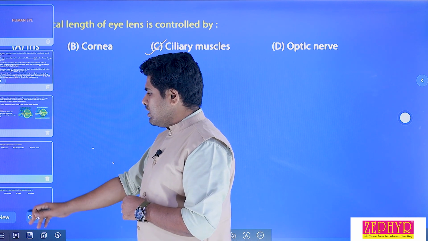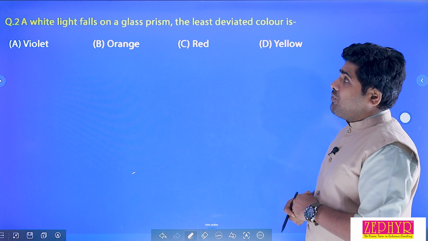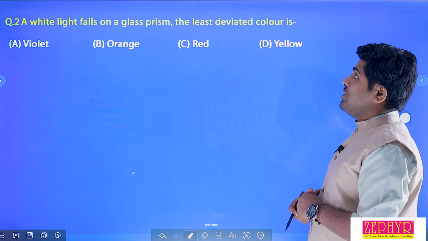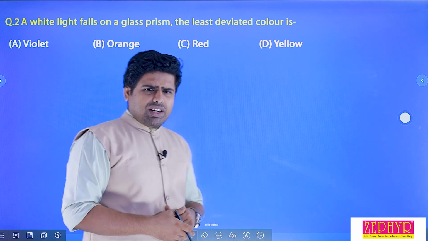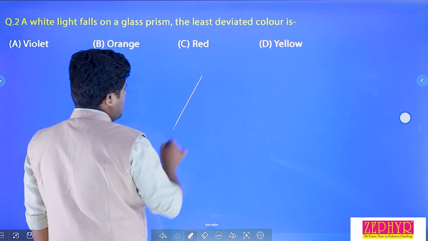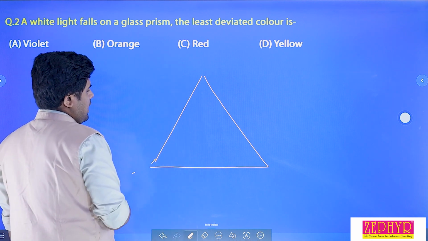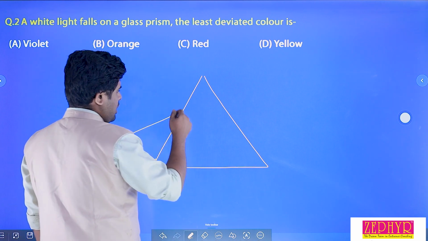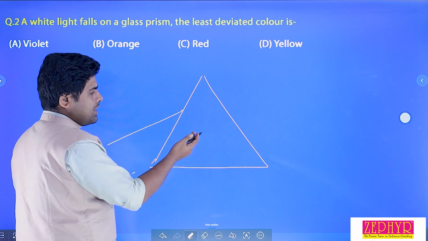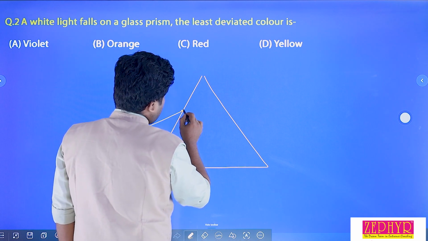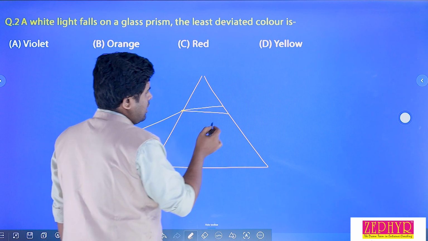Then question number 2: a white light falls on a glass prism, the least deviated color is, yes, least deviated color. Which one is the least deviated color? Just consider this one is the prism, and when a light ray enters the prism, it travels from a rarer medium to a denser medium, so it splits into its constituent colors.